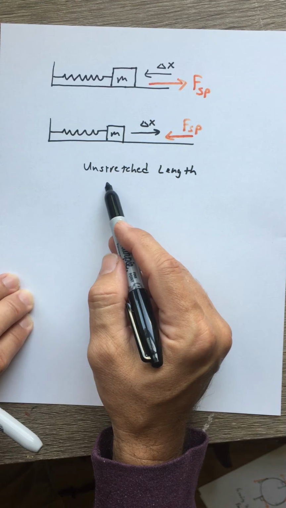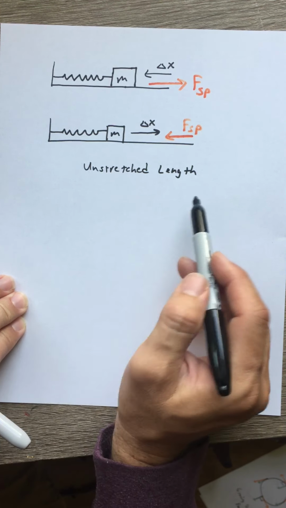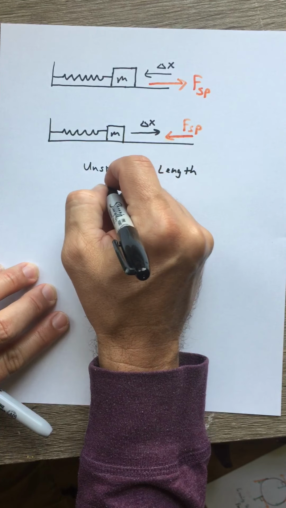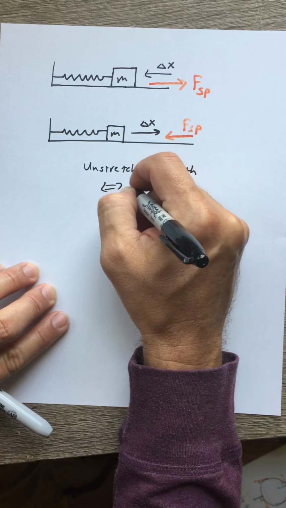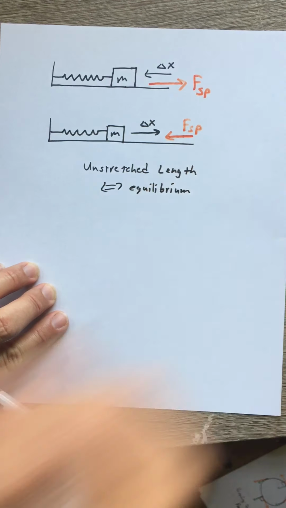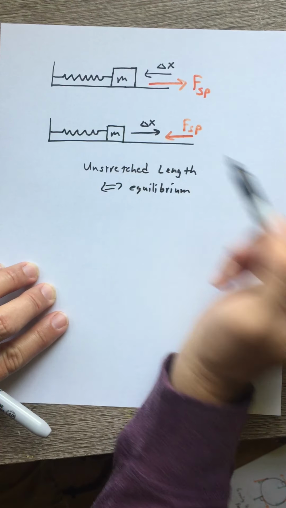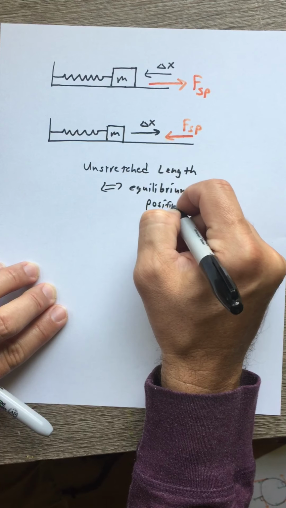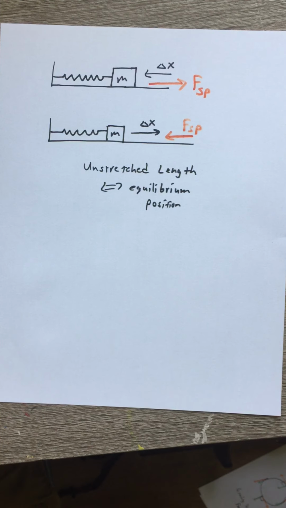So we just say unstretched, and we mean unstretched and uncompressed, right? It has an unstretched length, which corresponds to the equilibrium position of the block. It's just sitting still. And this is going to be a frictionless surface, I should say.